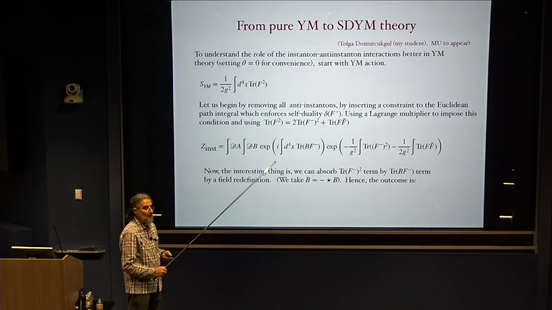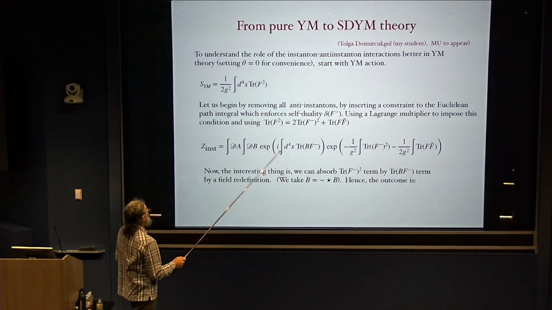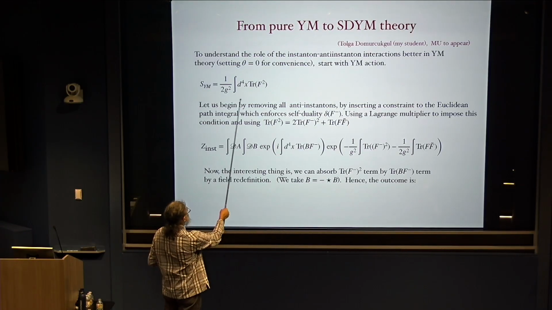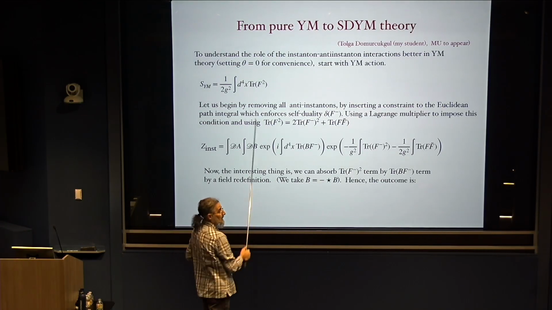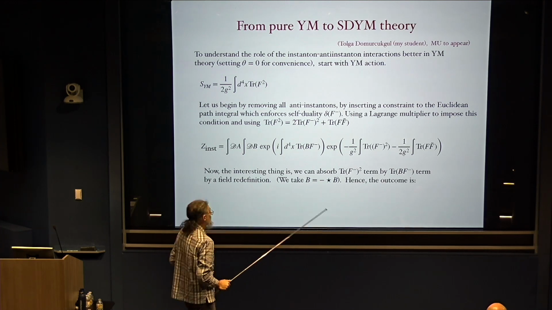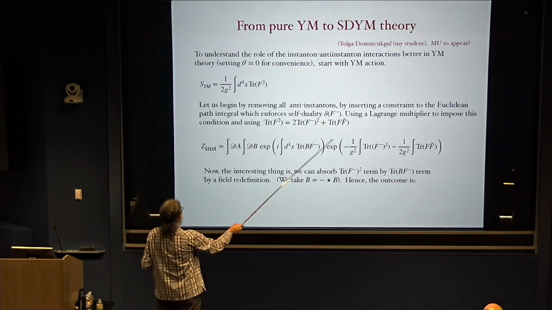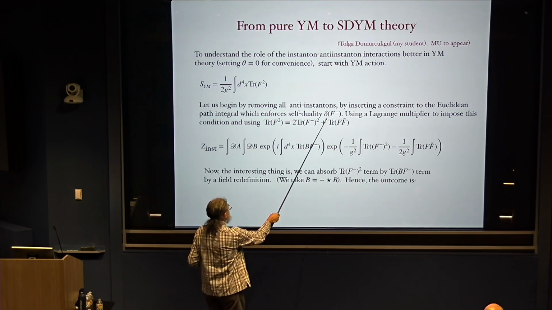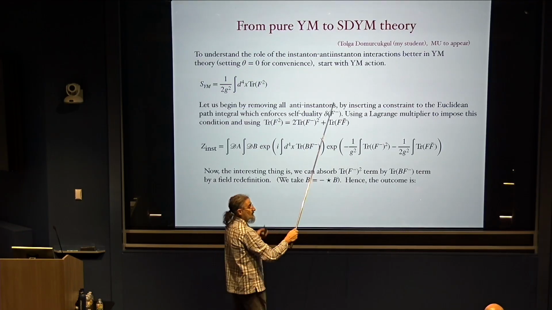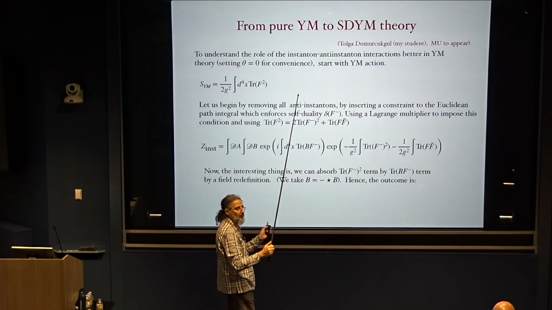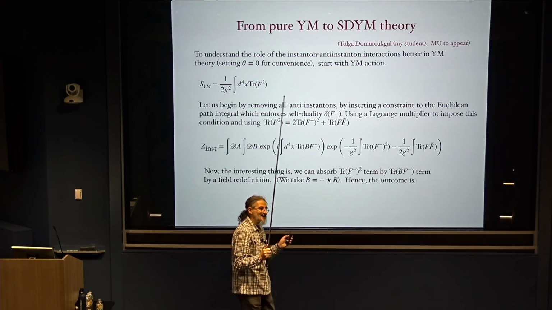Lots of wonderful developments. So let's start with Yang-Mills theory, and for clarity, let's set the theta angle to 0. Now, I start with the Euclidean path integral and insert this constraint, which tells me that I must integrate only over self-dual fields.